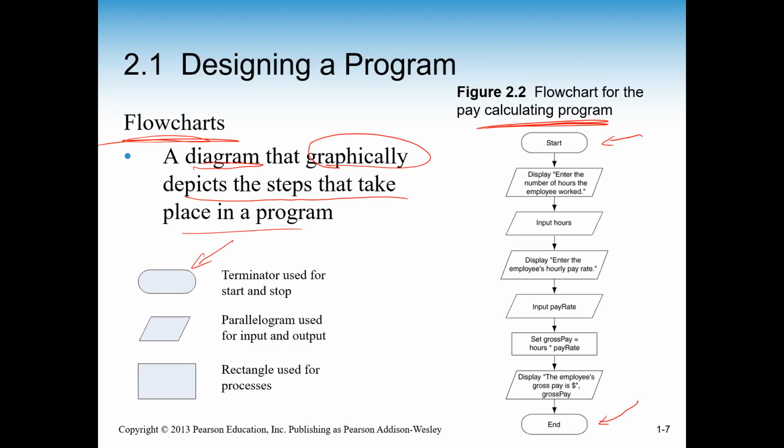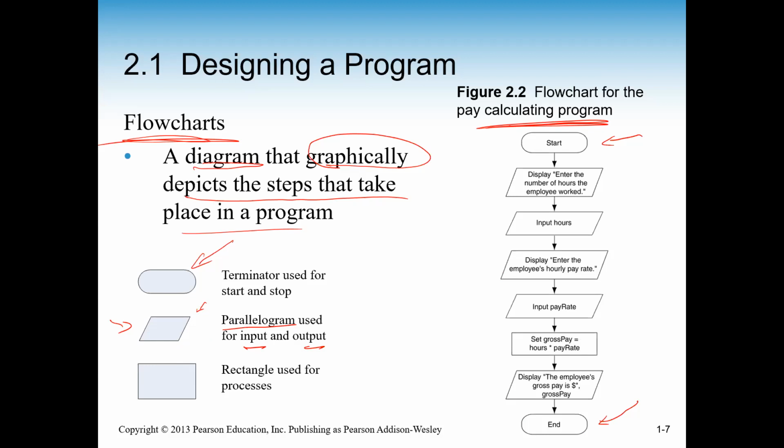You use a parallelogram for inputs and outputs. So whenever you're printing to the screen, or whenever you are taking in an input, like your pay rate, right, you take in that pay rate and you depict that in a flowchart using that symbol.